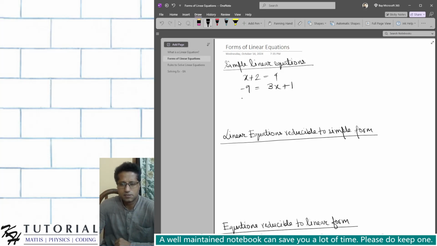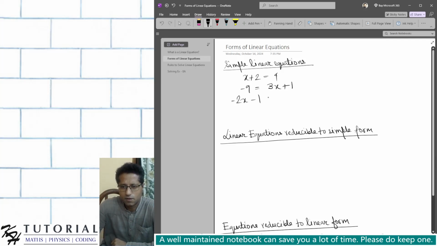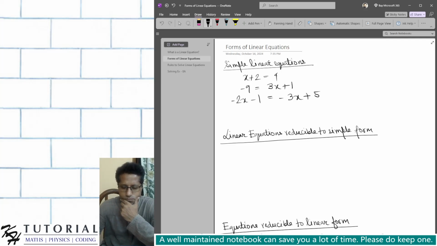That is, both LHS and RHS could be a linear polynomial in one variable. Let's say minus 2x minus 1 is equal to minus 3x plus 5. In this example, the variable is occurring on both the LHS and RHS. So this is another simple linear equation. So we have basically three types of simple linear equations.